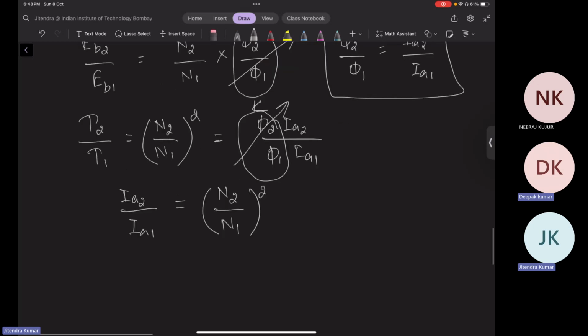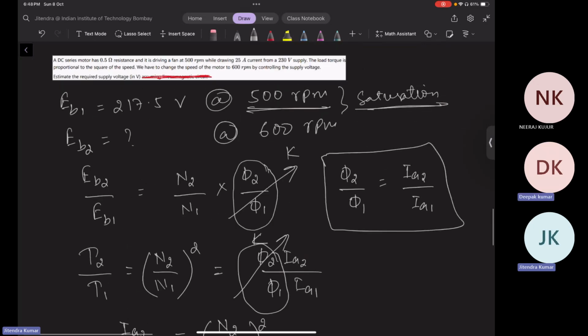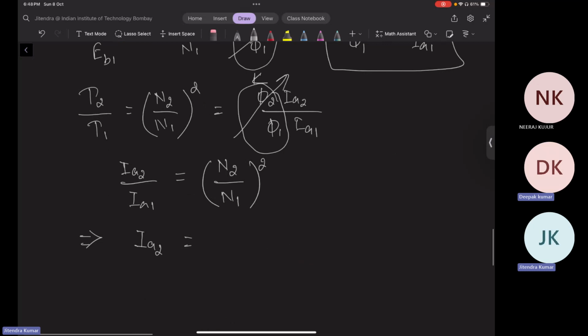That is why our IA2 will be equal to IA1, which was 25 amps, into 6 by 5 square. So it will be 36 amps.